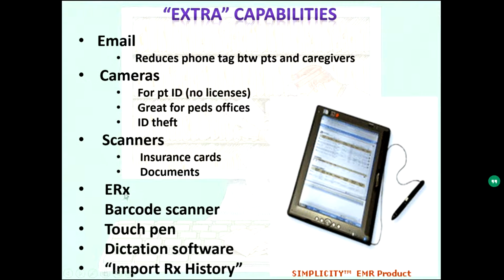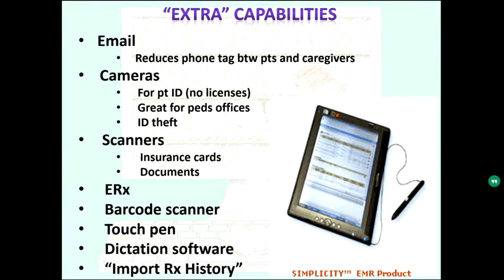ERX, this means e-prescribing. So what e-prescribing is, instead of faxing a prescription to the pharmacy, an ERX is like sending a prescription through a text message. It's absolutely instant, and they kind of collect in a pool, like an email inbox at the pharmacy, so the pharmacy can get the prescriptions faster.